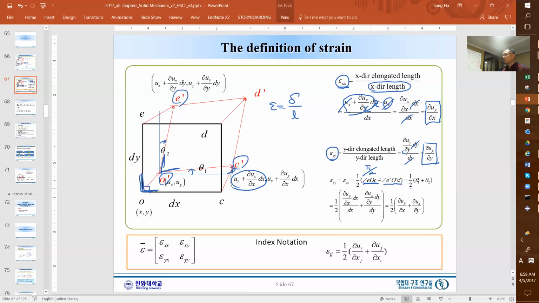So simply theta 1 plus theta 2, and then the average.